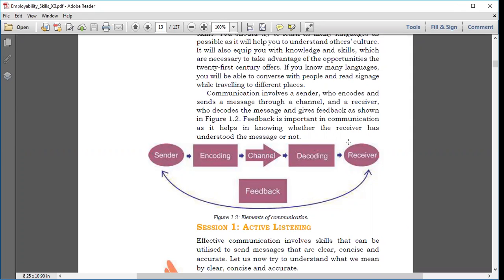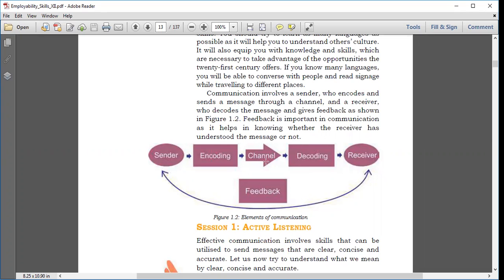And then at the receiver end, the person who is about to get the message, there decoding is to be done, meaning whatever message came, converting it into a readable form. For example, if it is converted into binary form, then converting it from binary back into a readable form, that process is called decoding, right? Then the receiver reads the message, and then the receiver will give a feedback to the sender, and that is again done in the same process.